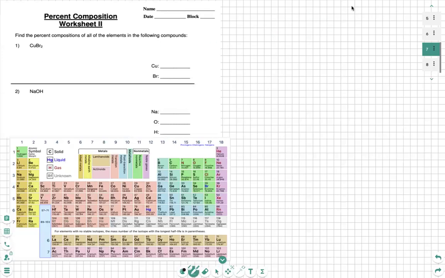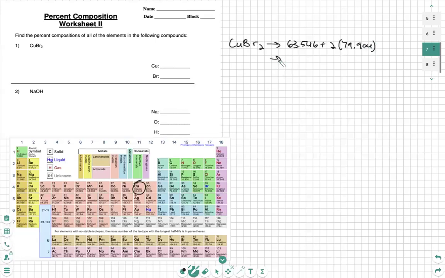So all we need to do is mess with the molar masses. The first thing we're going to do is find the molar mass of copper bromide. We find copper, which is 63.546, and add that to two bromines, because there's two of them, which is 79.904.